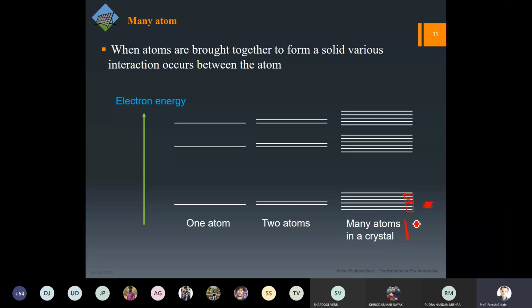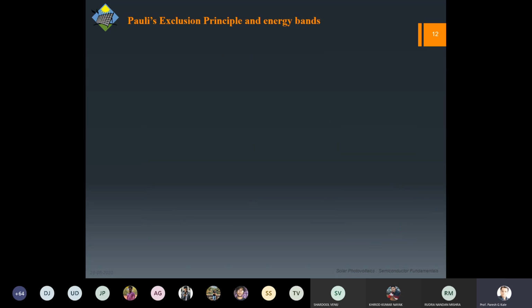That band word comes because of the levels almost touching each other and making a linear thing. However, you can see it here, it is discrete. You can literally count and differentiate them. So bulk material will always have a non-discretized or band structure.